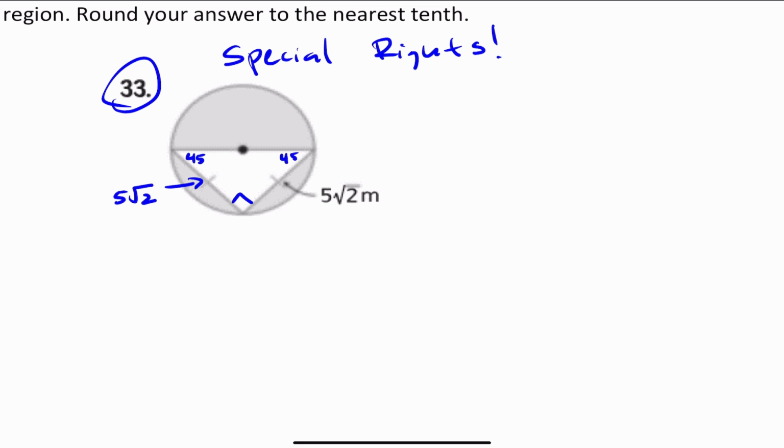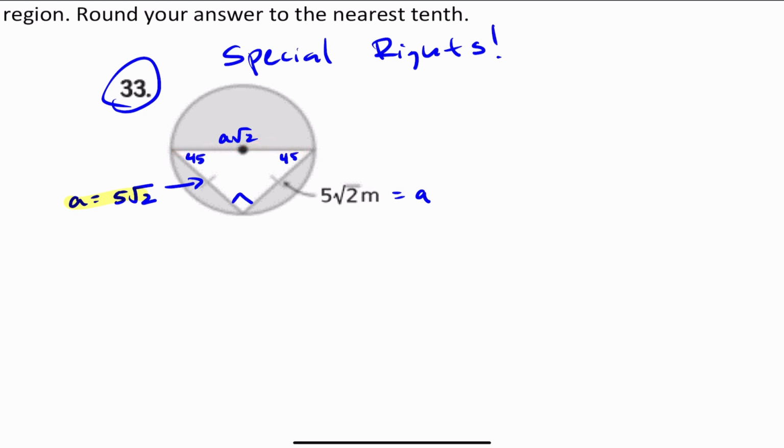So label across from 45 degrees, this is going to be A. Across from 45 degrees, this is also going to be A. And then lastly, across from 90 degrees, the diameter is not 2A, it's actually A root 2. So A is equal to 5 root 2, and the diameter is A root 2.